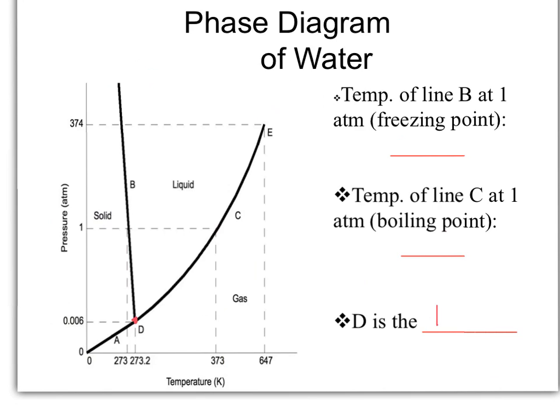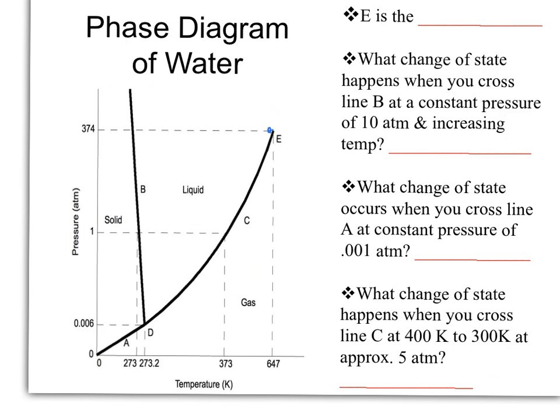This is the temperature and pressure in which the solid, liquid, and gaseous phase all coexist. Point E is going to be your critical point. Basically what that means is any temperature above 647 Kelvin and any pressure above 374 atmospheres will not allow a gas to liquefy.